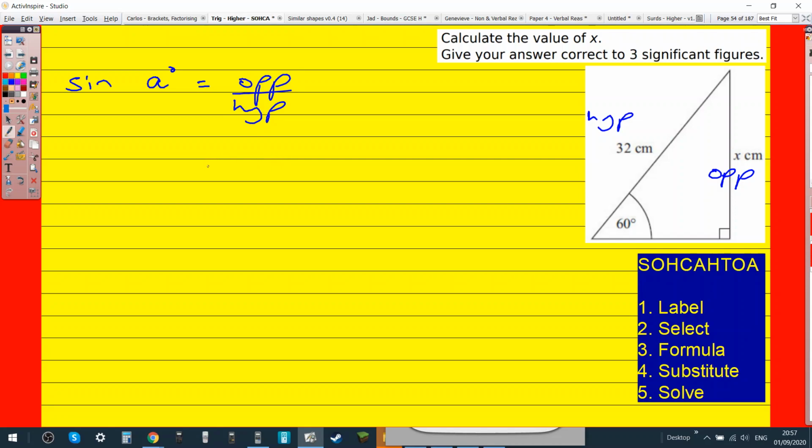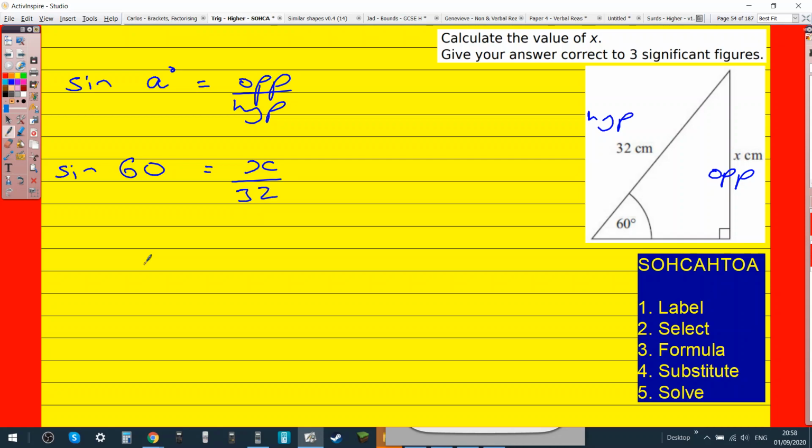And next is you do sine 60 degrees equals x over 32. Yep. And then you write, wait, you can do it in the calculator now. Yep.